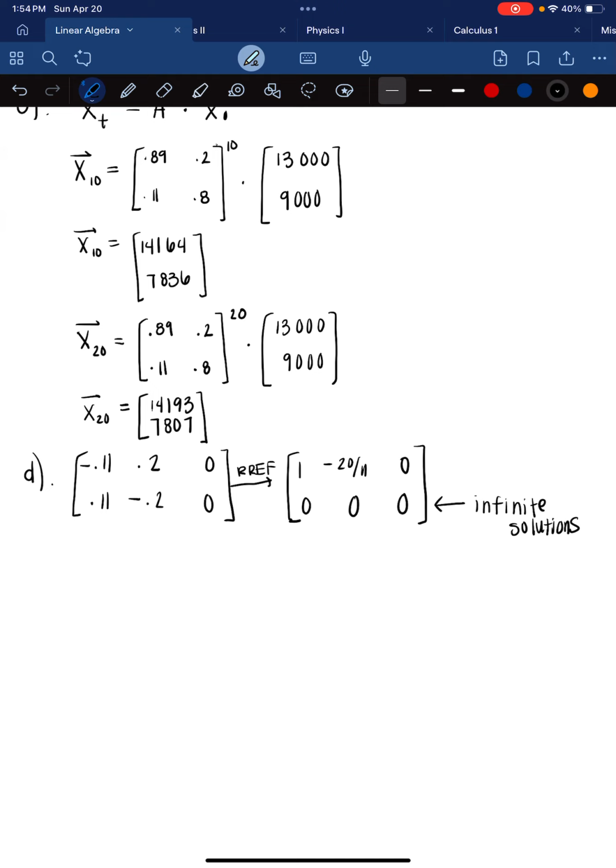So, looking at our leading ones, it looks like we have a leading one where the office is.